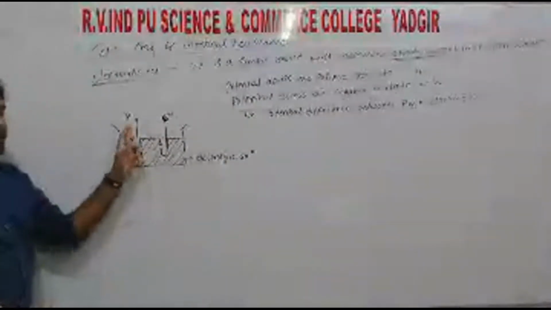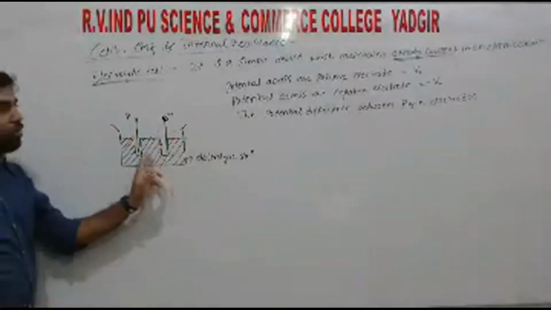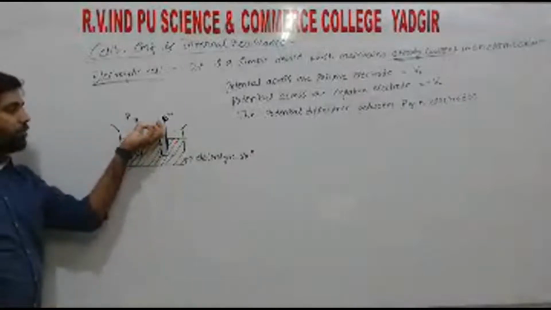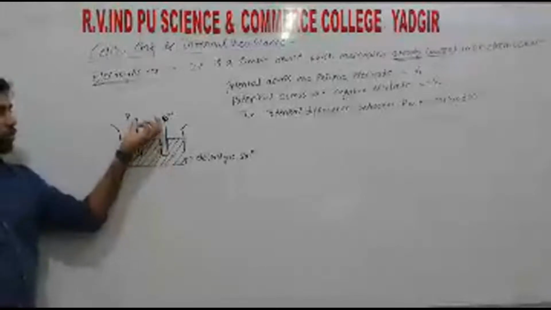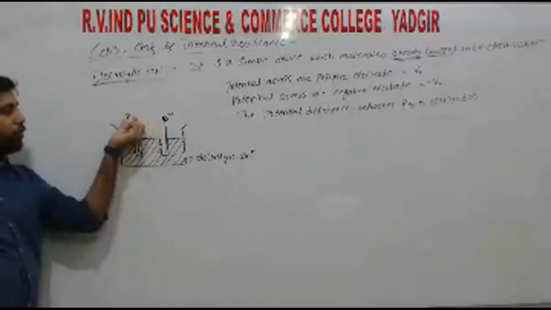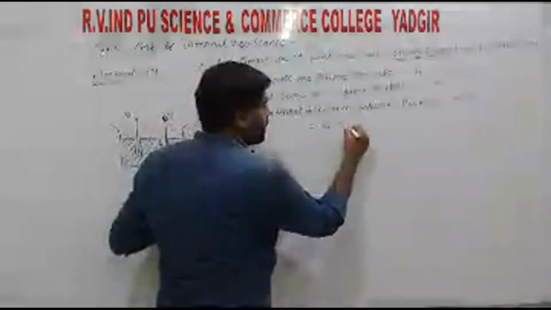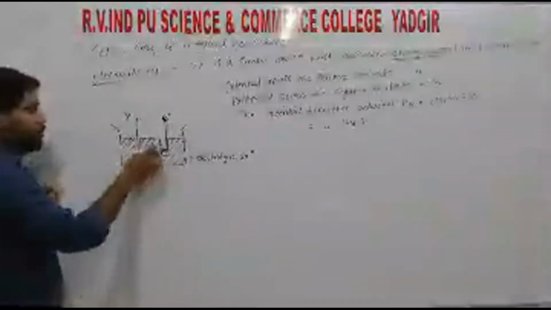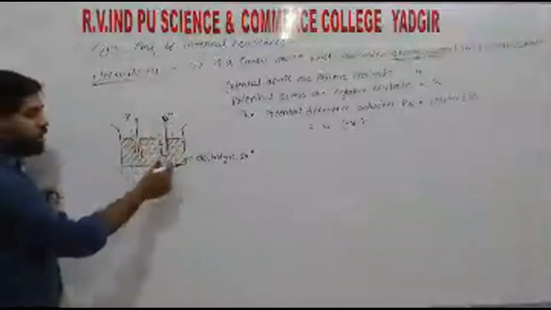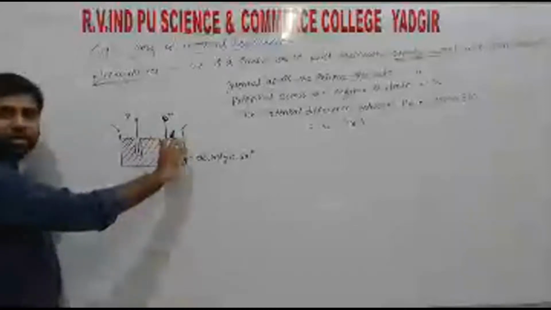Potential difference between P and electrolytic solution, and N and electrolytic solution. Now we are finding the potential difference between P and N when there is no current in the circuit. So the potential difference between P and N is equal to V plus minus of minus V minus, right? Because when there is no supply of current, the potential in the electrolytic solution at every point remains the same, right?